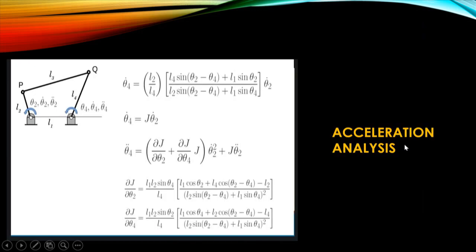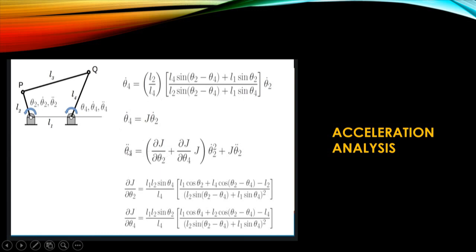Now this is the acceleration analysis. As we have got the value of theta 4 dot, we can also write this as theta 4 dot is equal to J theta 2 dot. J is called the Jacobian operator, and now we can differentiate this theta 4 dot with respect to time.